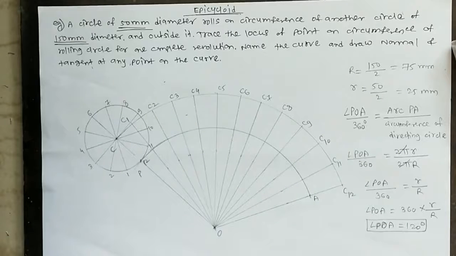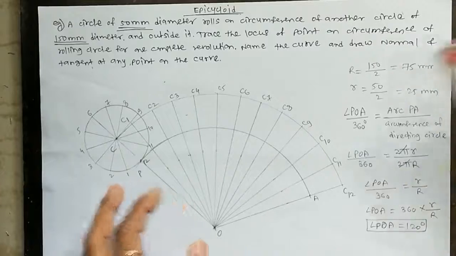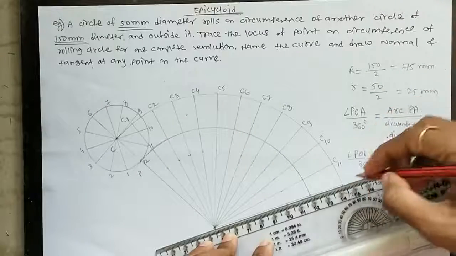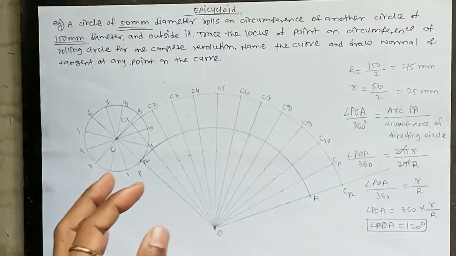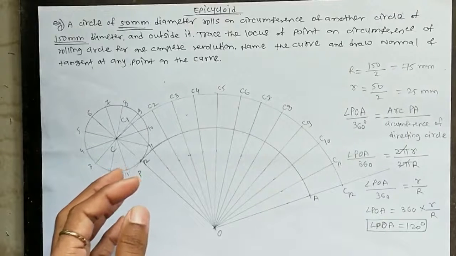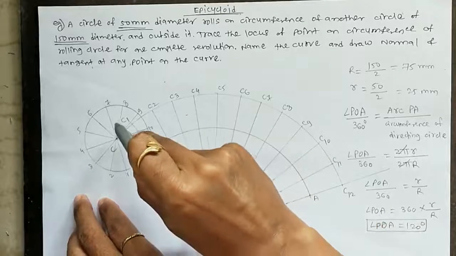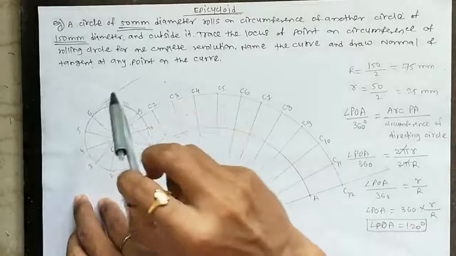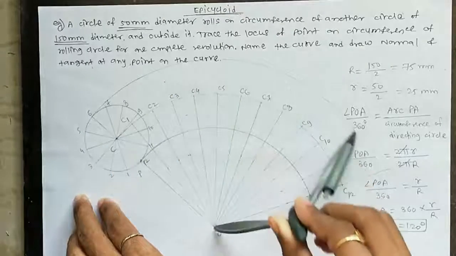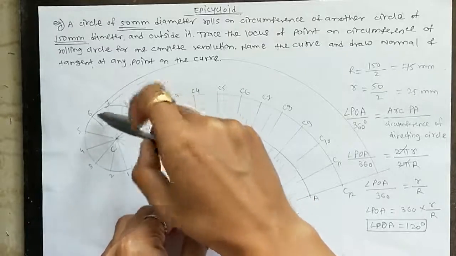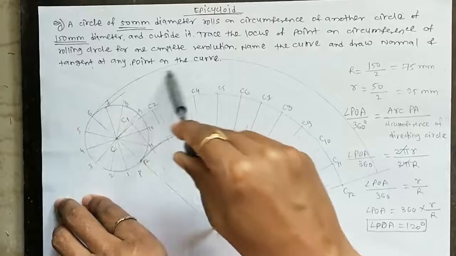Then draw the arc up to this arc. Extend this arc and join arc, draw arc from these various points, that is from point 6, then from point 7, because 5 and 7 are same point.